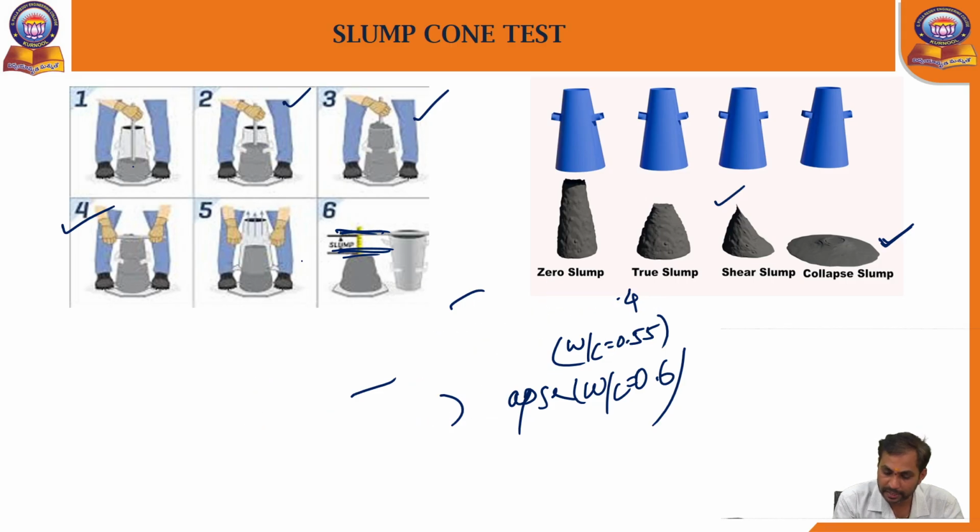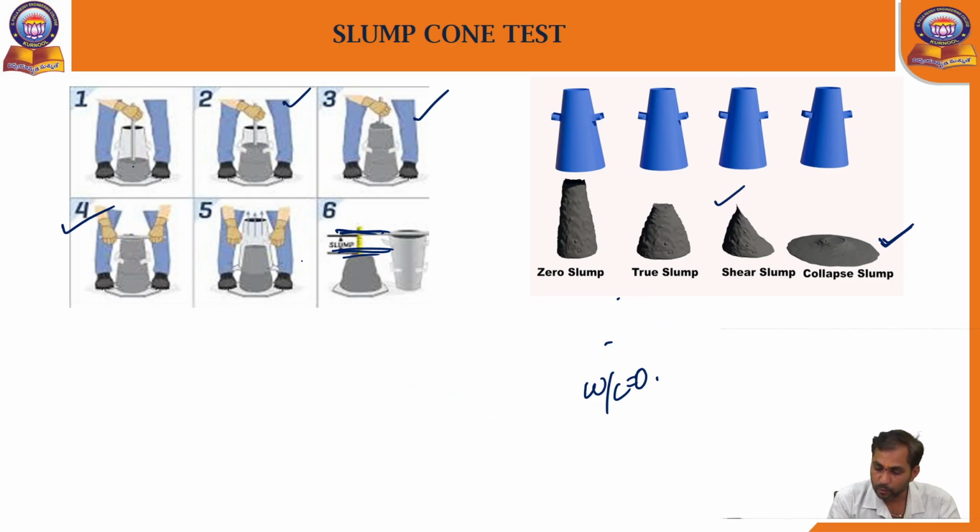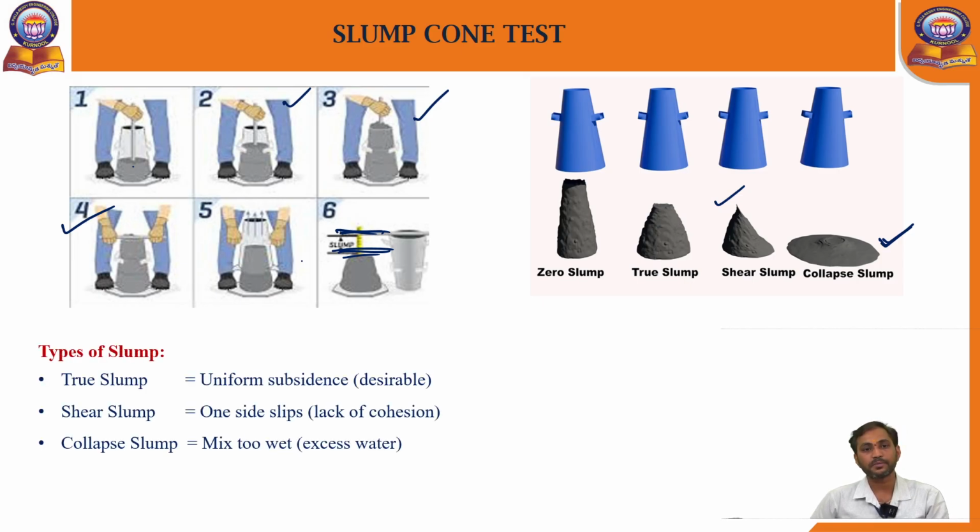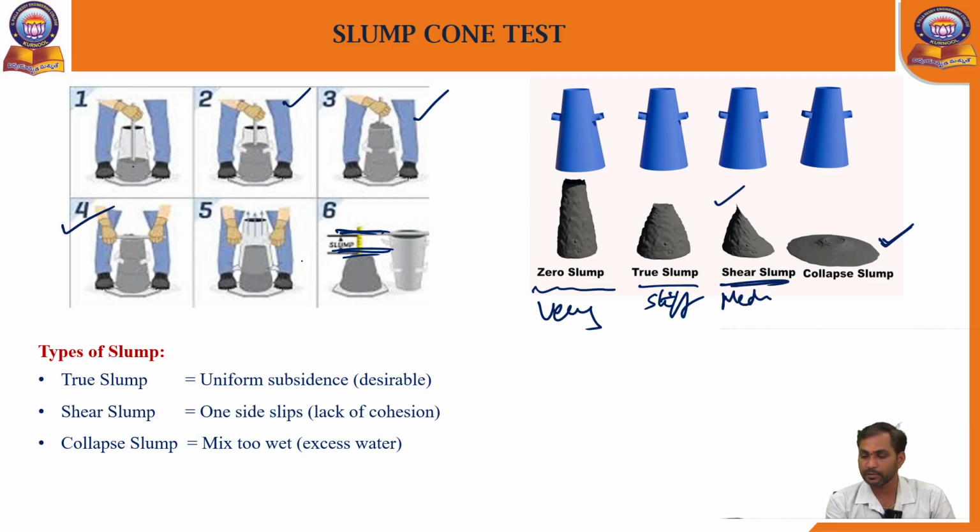This is how workability is measured by the slump cone test. What are the three types of slump? True slump, shear slump, collapse slump, and also zero slump is there. That is very stiff. This is just stiff, this is very stiff, this is medium workable and this is highly workable.